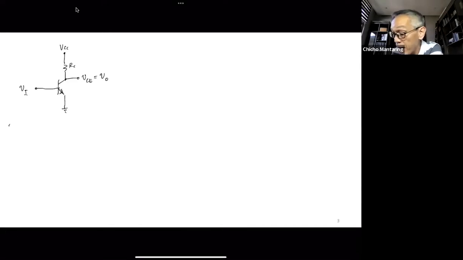So we said that v_I consists of capital V_I plus small v_i, where we said that capital V_I is the bias voltage, and the small v_i is the signal we wish to amplify.